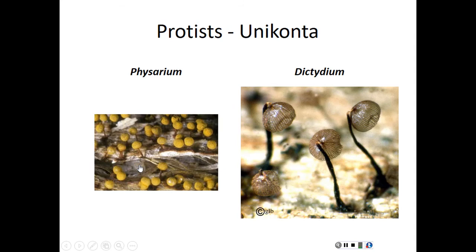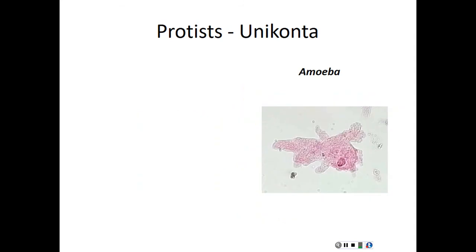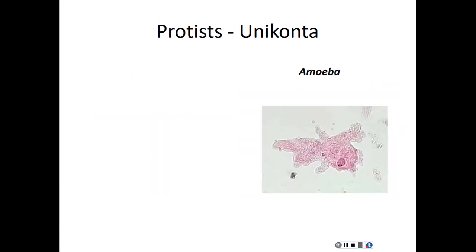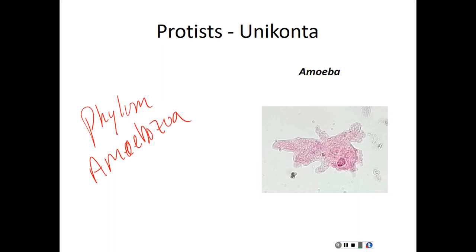Okay, so now we're on to the supergroup Unikonta. Sorry, I'm hoping I'm not making you seasick here. We're going to look at a couple of different organisms here. From the phylum Amoebozoa, we are looking at the amoeba.